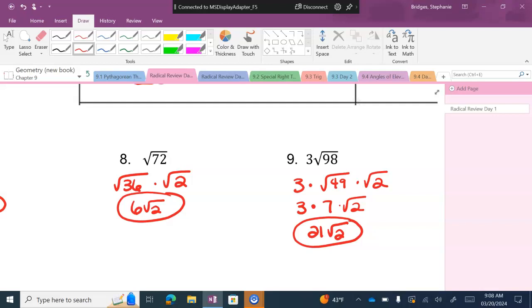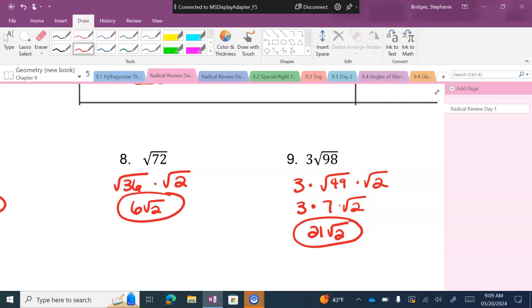So going back to this, okay, this is not completely simplified. You need to get in the habit of making sure that the number under your radical sign, that's your radicand, does not have a perfect square that divides into it. If I ended up with something like this, what I would have to do is keep that 3. I know that 4 goes into 8, so I would split that up into 4 times what? 4 times what is 8? 2.